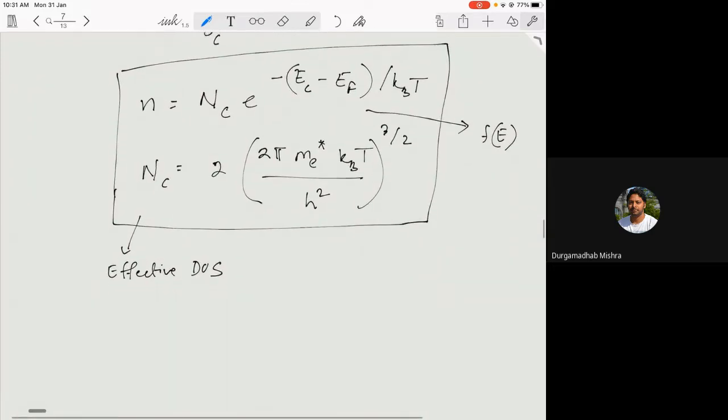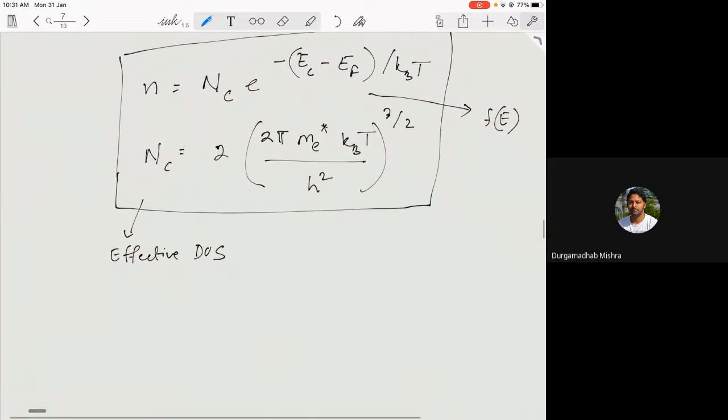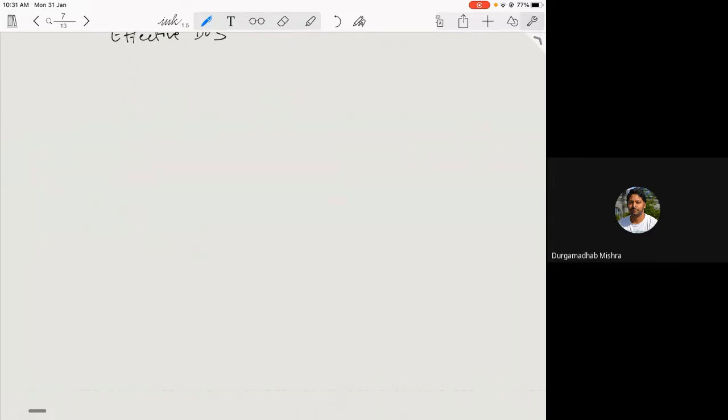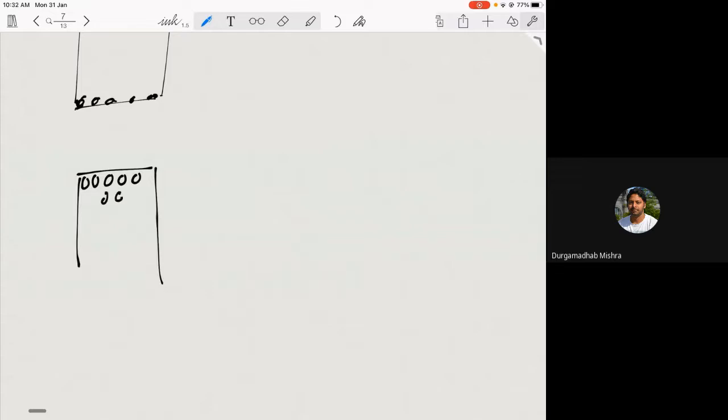So we can also do a similar calculation for holes in the valence band. Exactly the same we can do, and let's first do the graphical picture of how it would look. I have the conduction band here, and now I have the valence band here, so I have holes in the valence band.